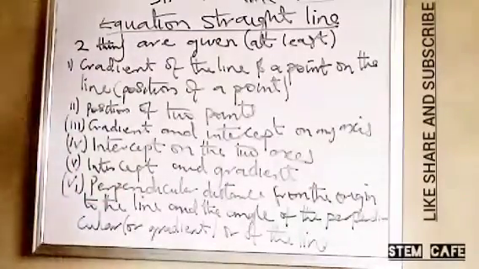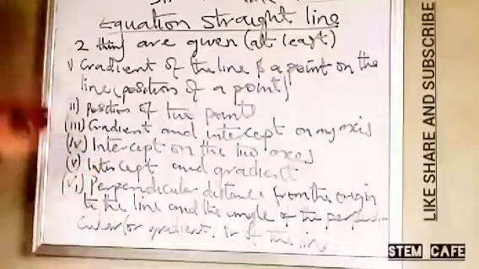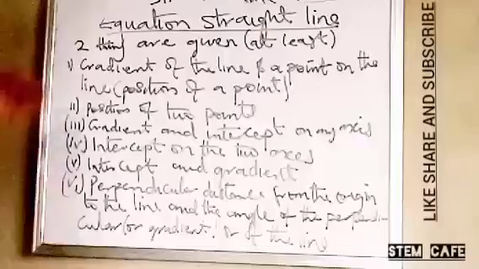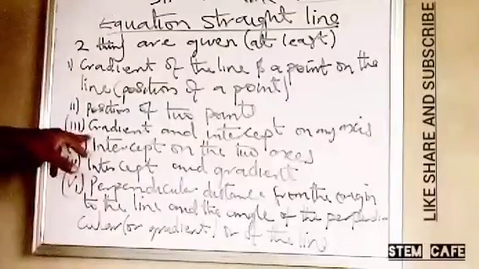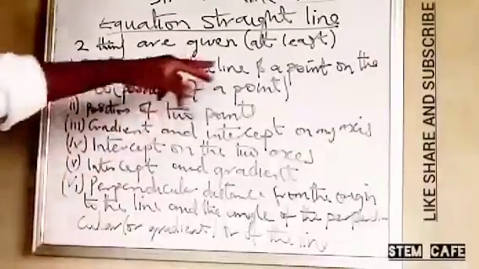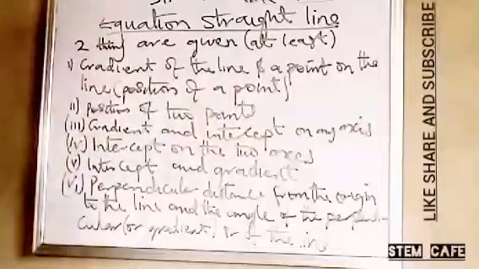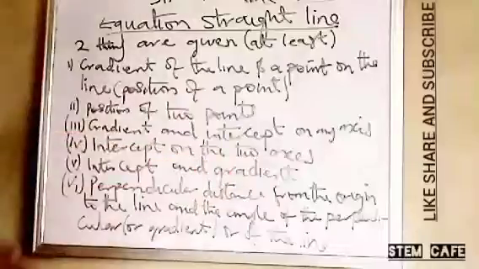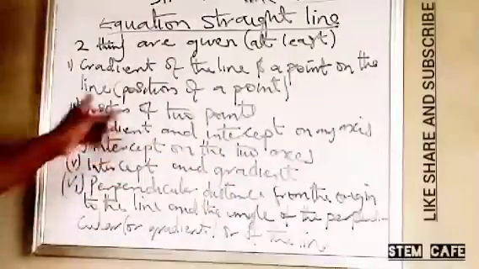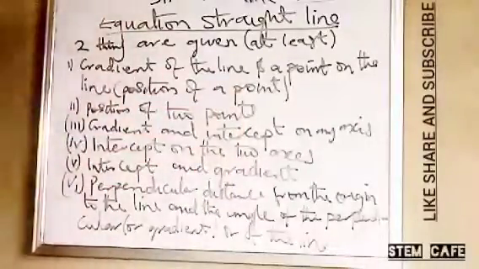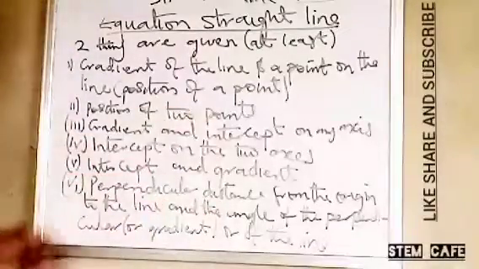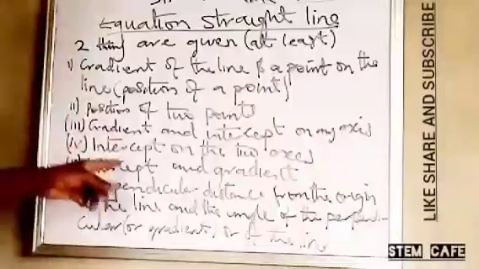We can also be given gradients and intercepts on any axis, either on the y-axis or x-axis. It is the same thing as giving us gradients and 1 position or point on the line. Intercepts on the 2 axes is the same thing as giving us the position of 2 points. Intercept and gradient is the same thing as giving us gradient and 1 point.